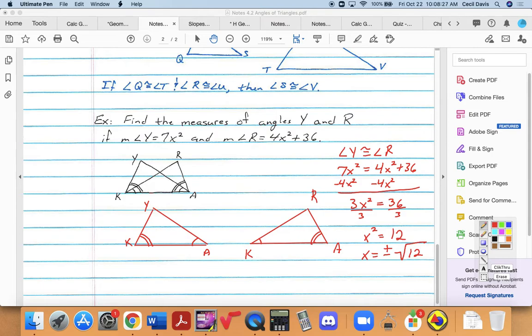Now, especially if I was just asking you for the x. Well, now it says, what's the measure of angle Y? Well, the measure of angle Y is going to be 7 times, let's use the positive square root, the square root of 12 squared.